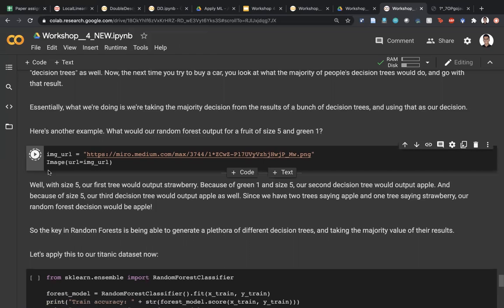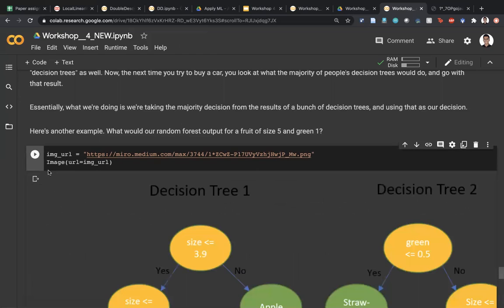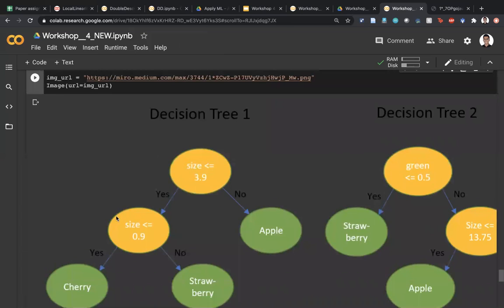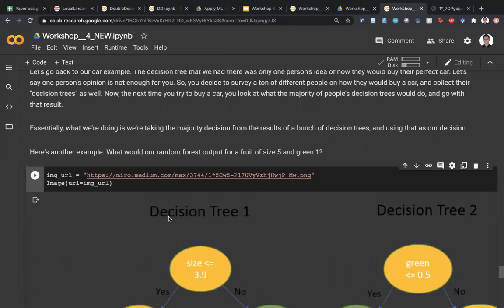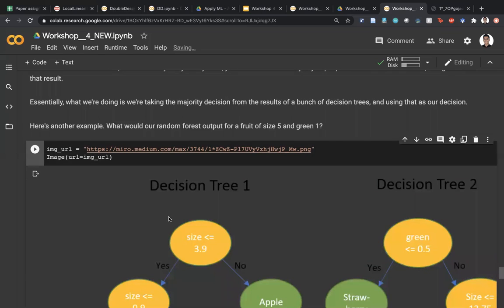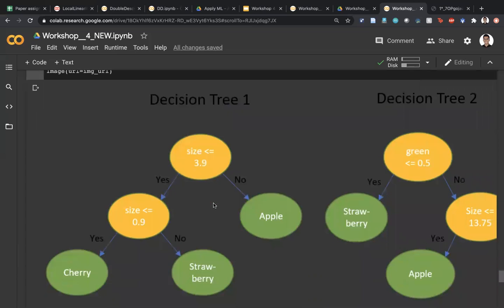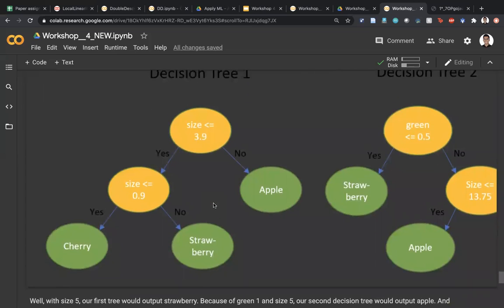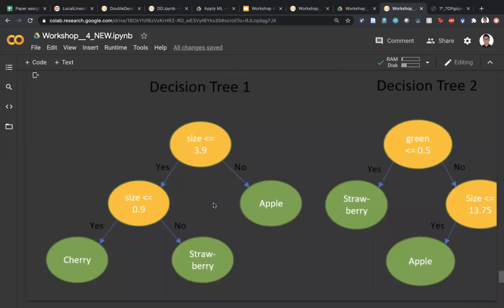So let's look at this particular image. Here we're looking at the random forest output for a fruit that has size 5 and is green, trying to classify which fruit it probably is.